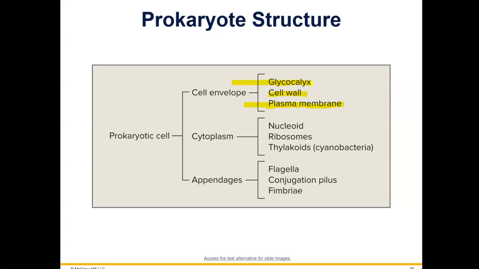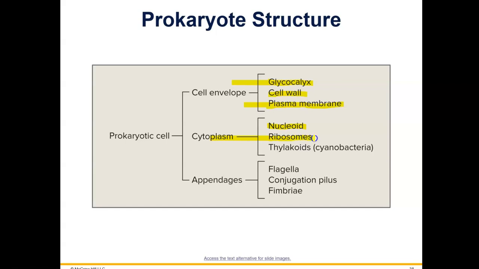But prokaryotes typically have something outside the cell wall for extra protection. It's called the glycocalyx, and the glyco means glucose. It causes the prokaryotes to be sticky, so they can stick to one another and to the surface that they're growing on. The cytoplasm of the prokaryotic cell contains the nucleoid region, which doesn't have a membrane. It's just an area where the DNA is found.